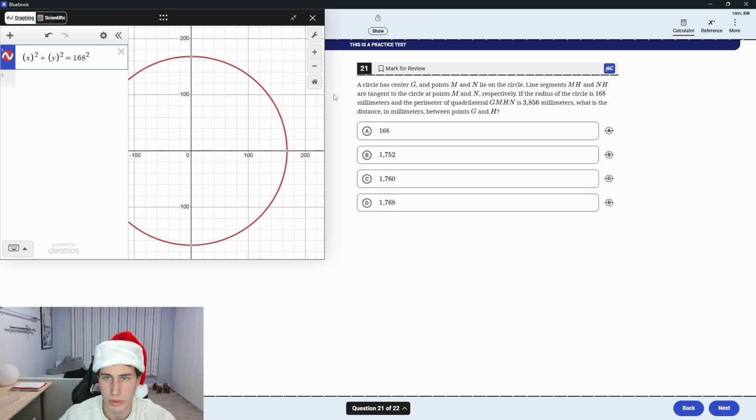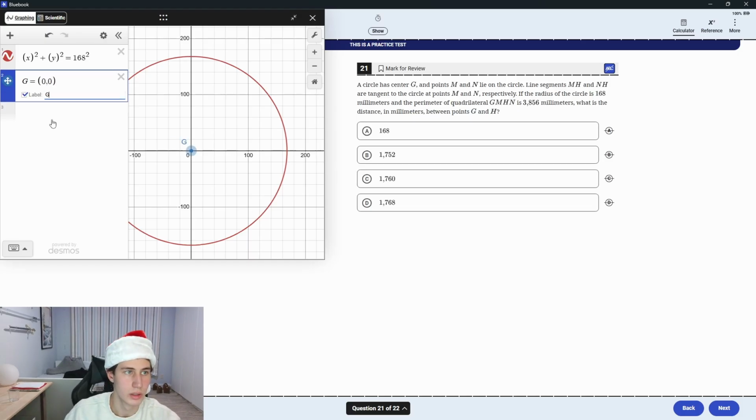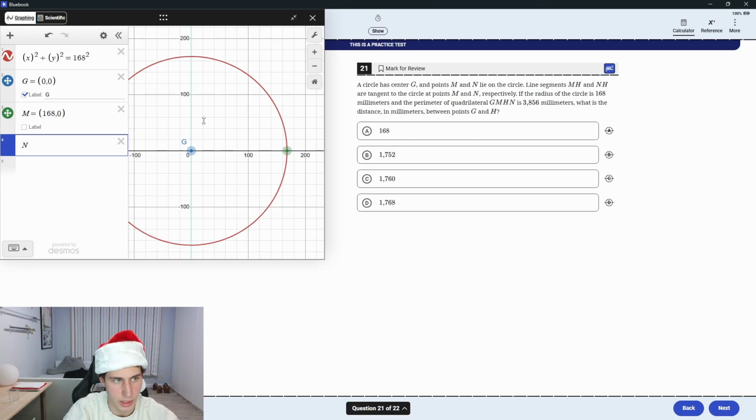Yes, okay. So we have a circle with a center of G. So G, we're going to label as 0, 0. With that G, we'll label point M at 168, 0. And we'll put point N at 0, 168.